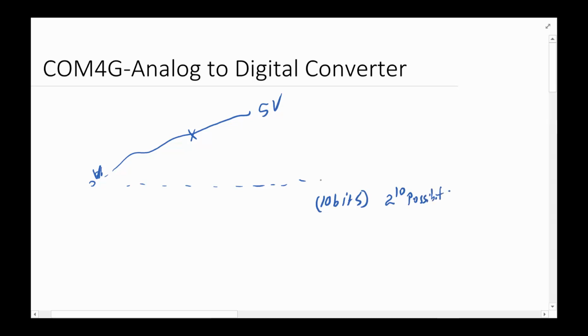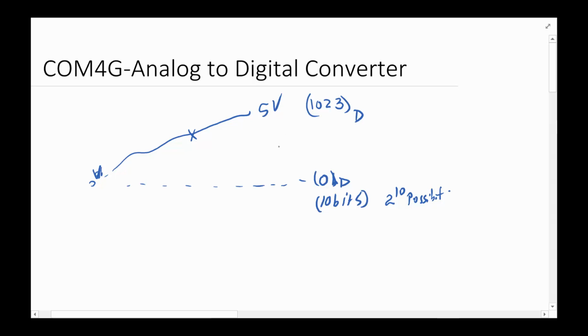That means I can have a value that is represented by 0, and let's use decimal rather than hex, so 0 decimal all the way to 1023 decimal.